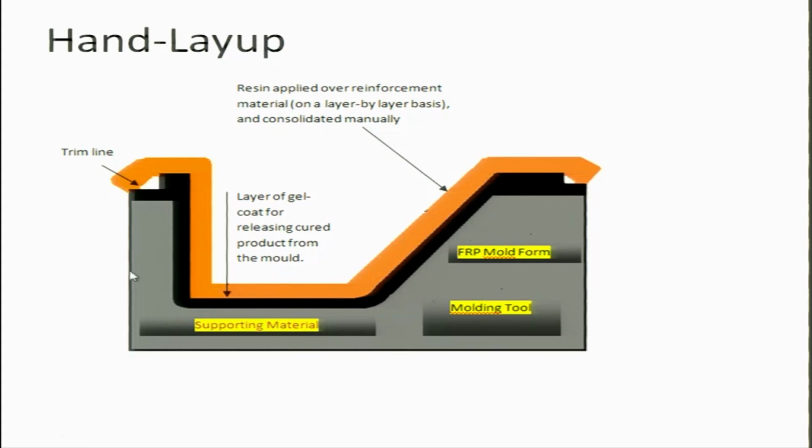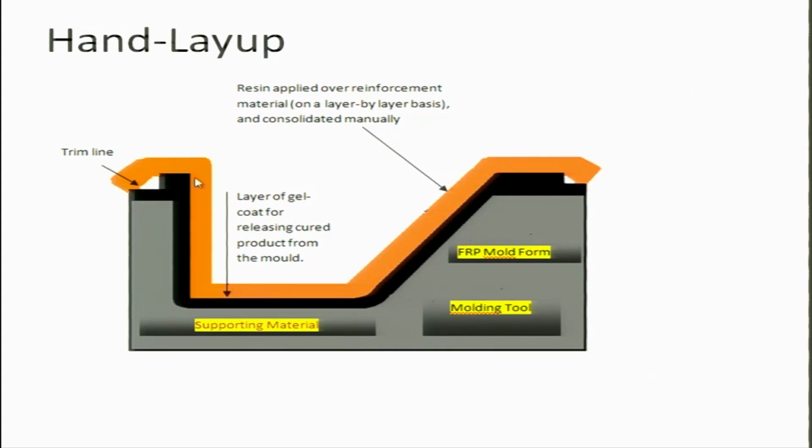So we have a supporting material, we have some other mold form, and we have basically a mold. On top of that, this black portion is a gel coat, okay, to ensure that it gets released from the mold, because once you are putting fibers and matrix, it will try to stick to the mold because it is sticky. So you put this gel coat for releasing and also for giving it a good finish.